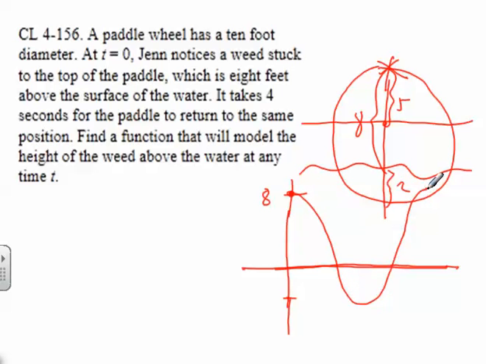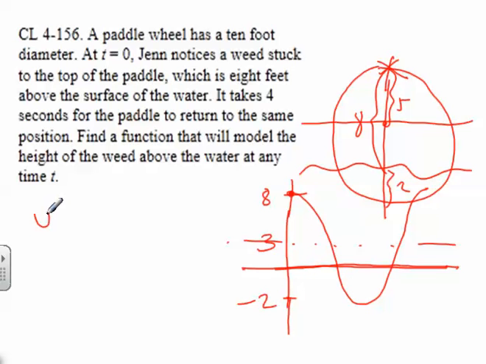So it's a right side up cosine curve. The center line of all of this is right here. So that would be at 3. And the amplitude, the distance from 3 to 8, and from 3 down to -2, that is a 5.